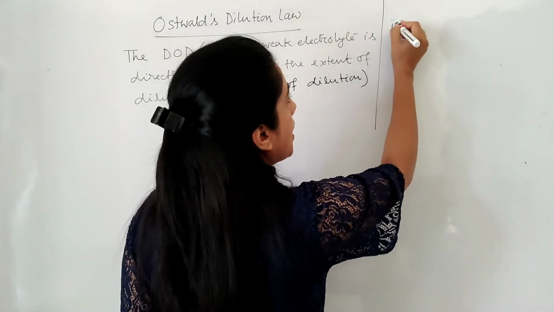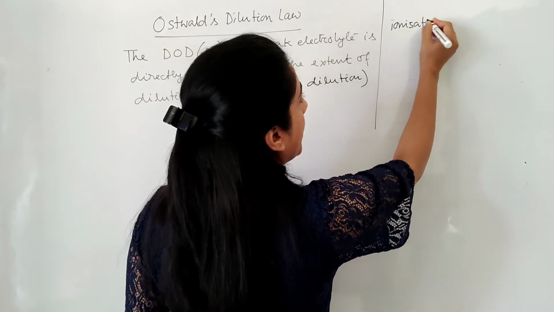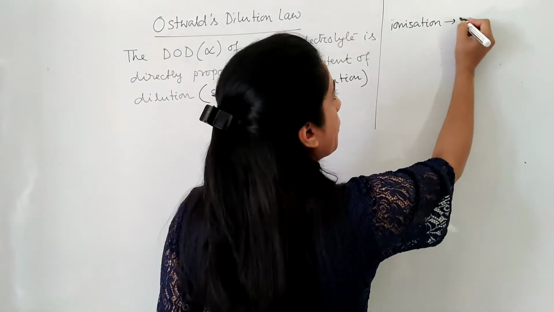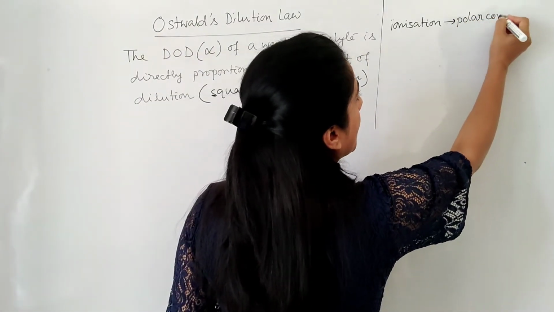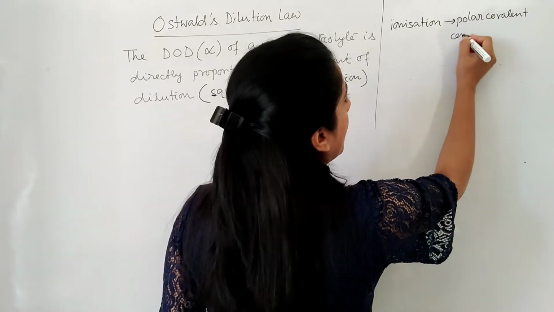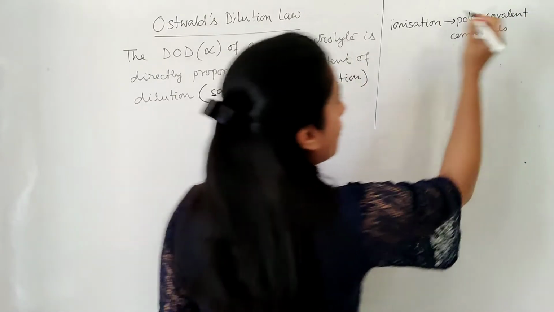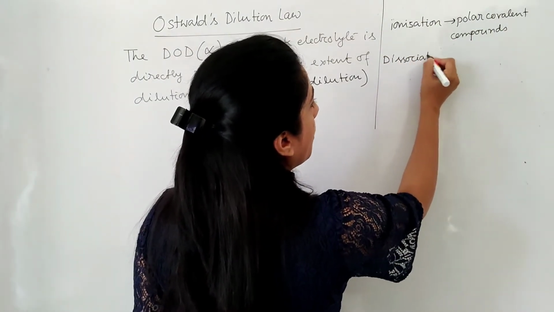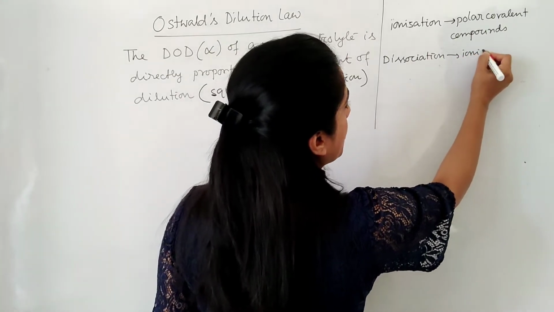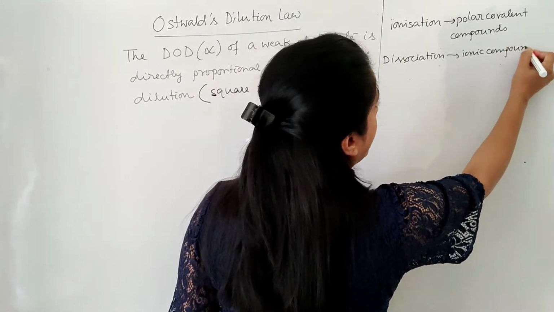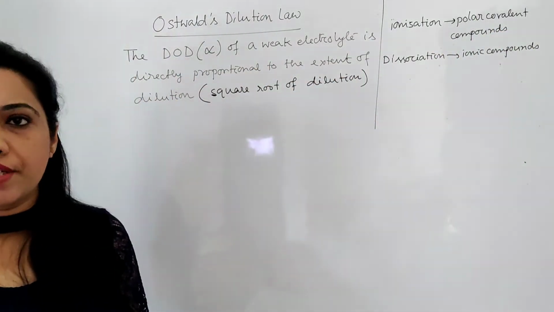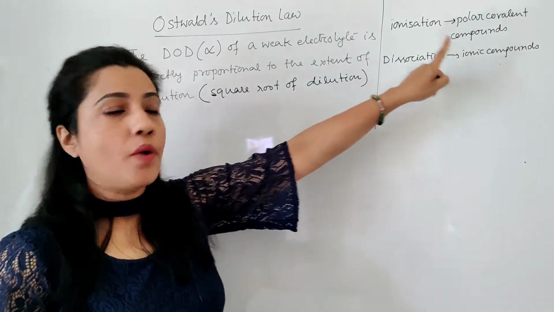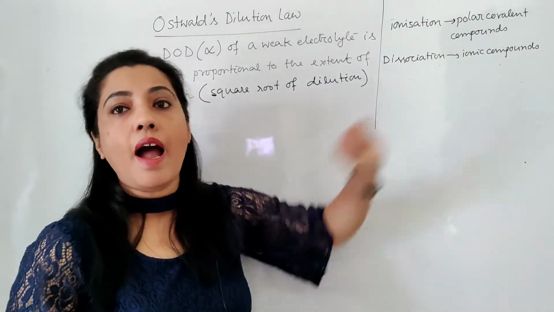Degree of ionization or degree of dissociation, both of them are the same. Just write it down: the word ionization is used for polar covalent compounds, and the word dissociation is used for ionic compounds.